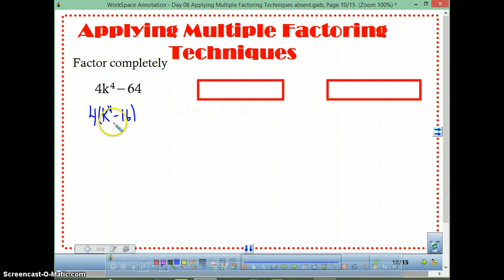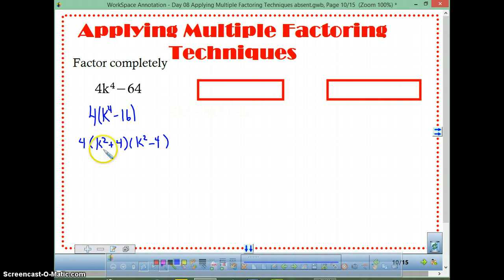What's left inside the parentheses is a binomial. That's 2 terms. So let's keep the GCF on the outside. Let's split this into a plus b times a minus b. I'm going to call this one k squared plus 4, k squared minus 4.